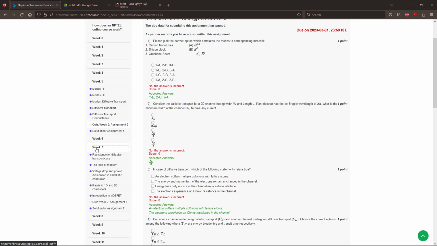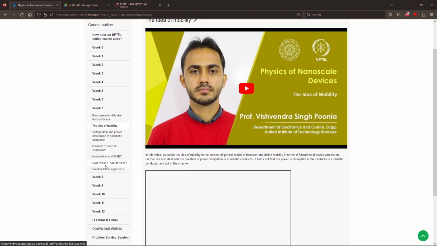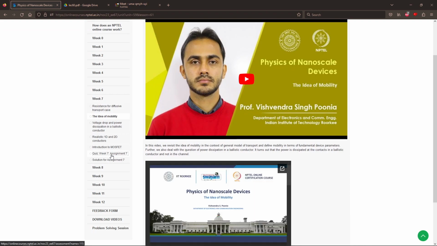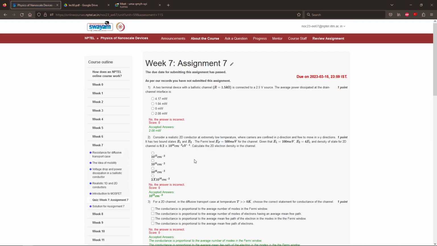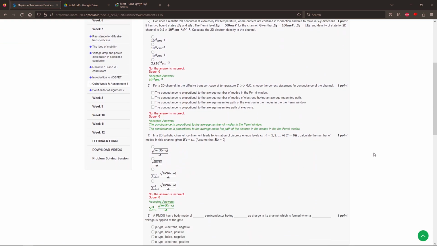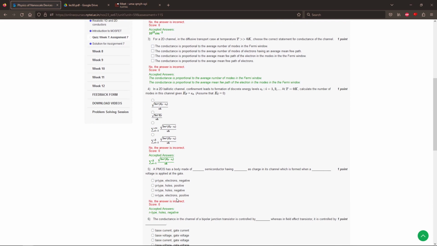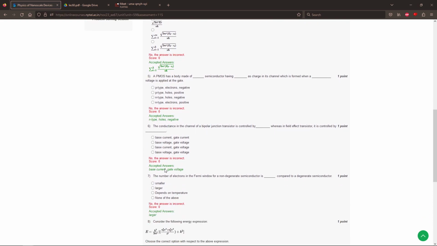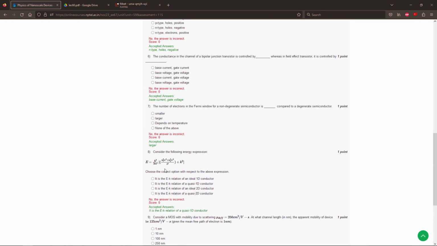Even up to week 7, we just have diffusive transport and the notion of mobility and such. As you can see, all the questions here are always given for T equal to 0 Kelvin, and the Fermi level has been explicitly mentioned. Using that, you can calculate the number of modes.